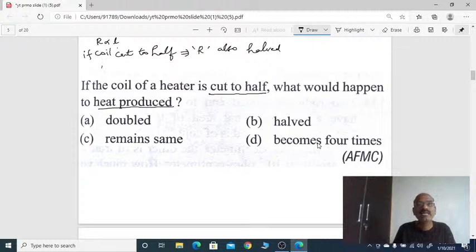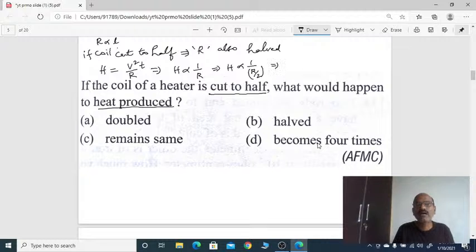We know that heat produced, the formula is V square by R into T. Here heat and R, how is it related? See, heat is inversely proportional to resistance. Now R becomes half, so R by 2.